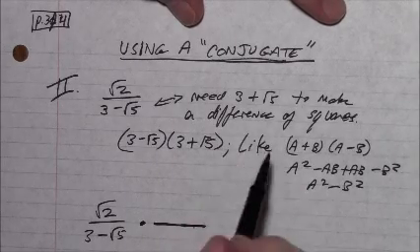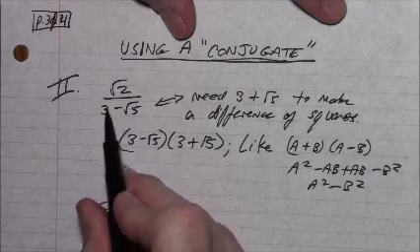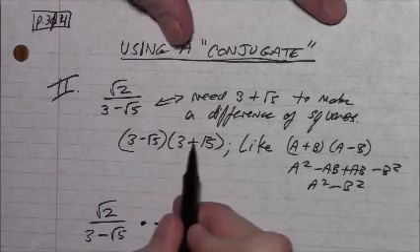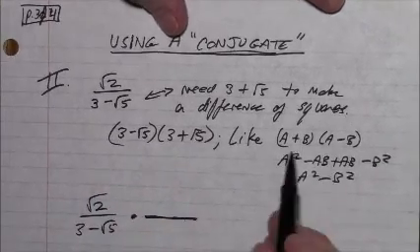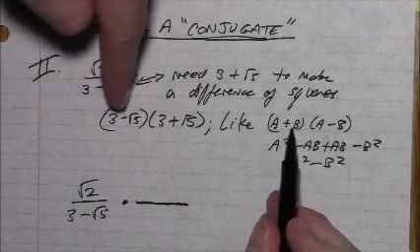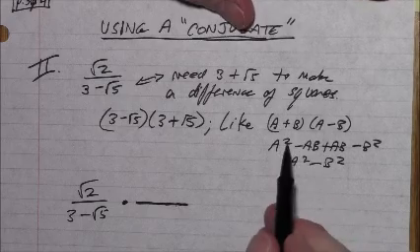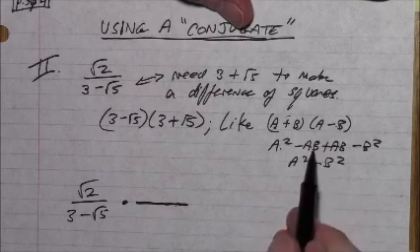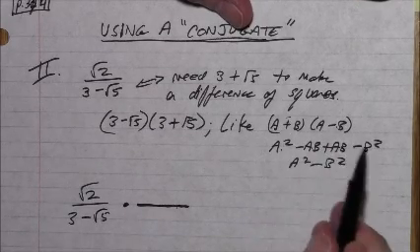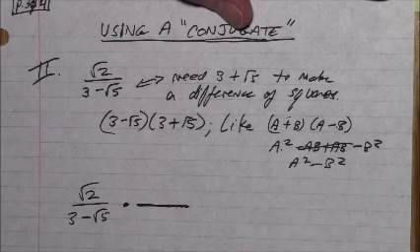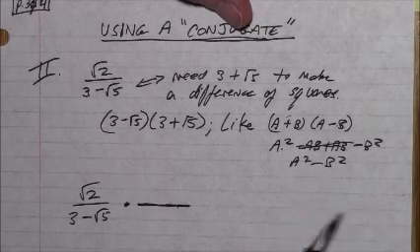And the purpose is to make a difference of squares. So we have 3 minus square root of 5, we're going to multiply by 3 plus the square root of 5, and it's this idea that we have a plus b here and a minus b here, and a times a is a squared, and you have minus ab and plus ab, and minus b squared, and these cancel out. So you'll have a squared minus b squared.